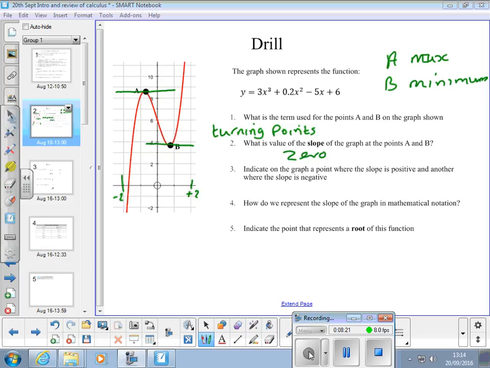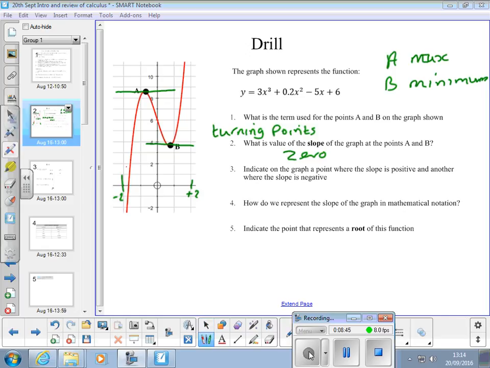So where might we indicate on the graph a point roughly where we would see a positive slope and another one where there's a negative slope? Leading up to A as a positive one, I'll do that in red.